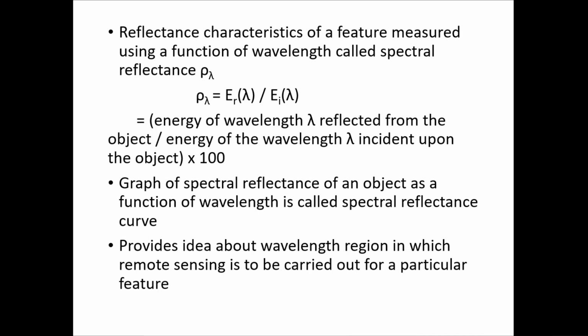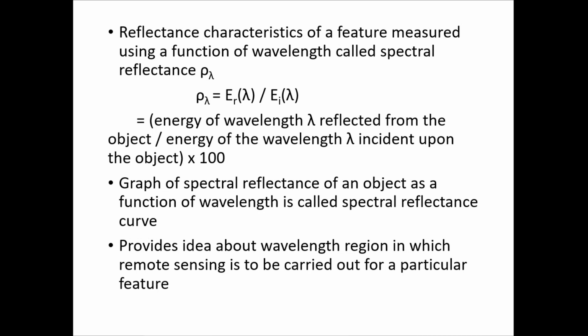Do you agree? Yes, right? So this spectral reflectance is of very important concern to us in remote sensing. Why? Because this spectral reflectance is very different for different features on the Earth's surface.